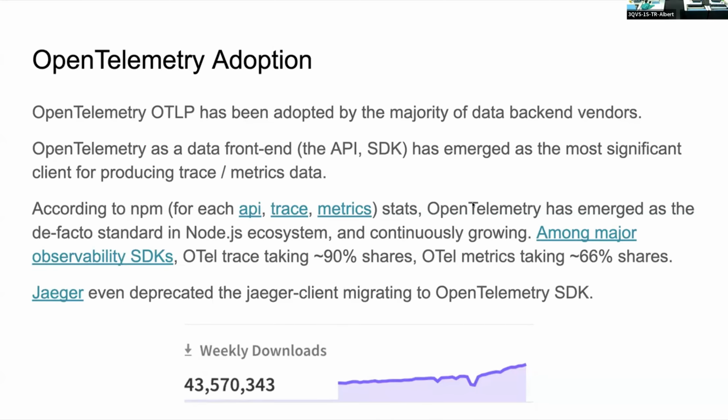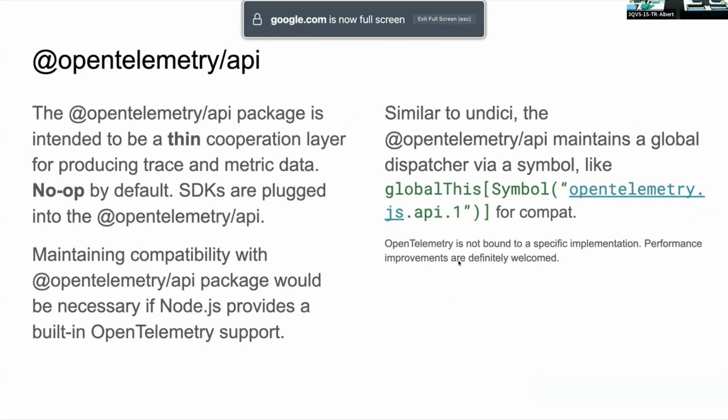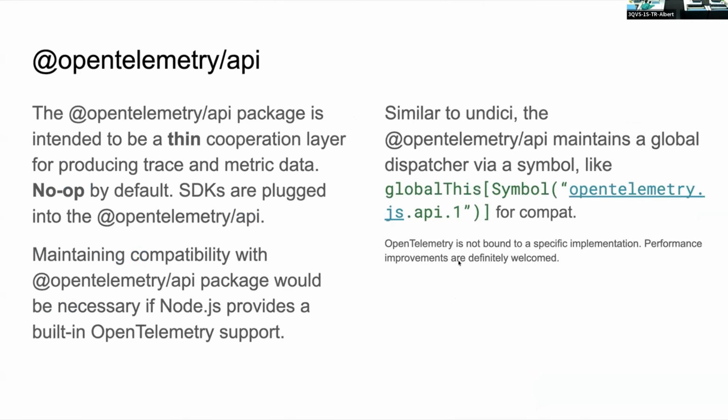So that comes to a question of how we can improve the OpenTelemetry support in Node.js without creating disparities in the ecosystem, like creating a new standard for people to adopt.